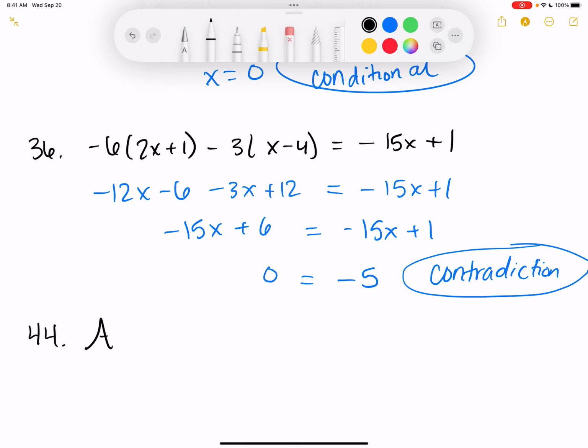You have A is equal to 1/2 h times (capital B plus lowercase b). And then it says to solve for h. And it tells you that this is the area of a trapezoid.